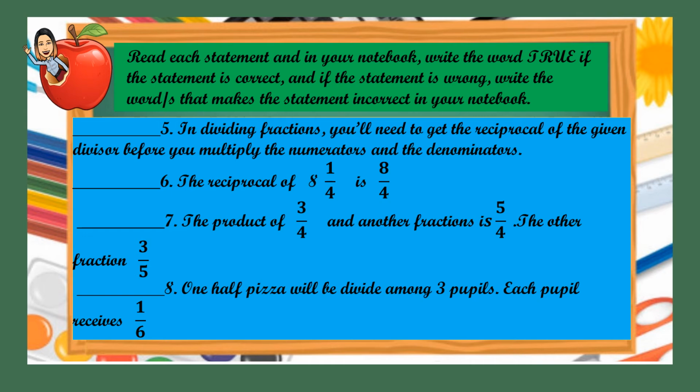The product of 3/4 and another fraction is 5/4. The other fraction is 3/5. Number 8. 1/2 pizza will be divided among 3 pupils. Each pupil receives 1/6. Kaya pa ba mga bata?